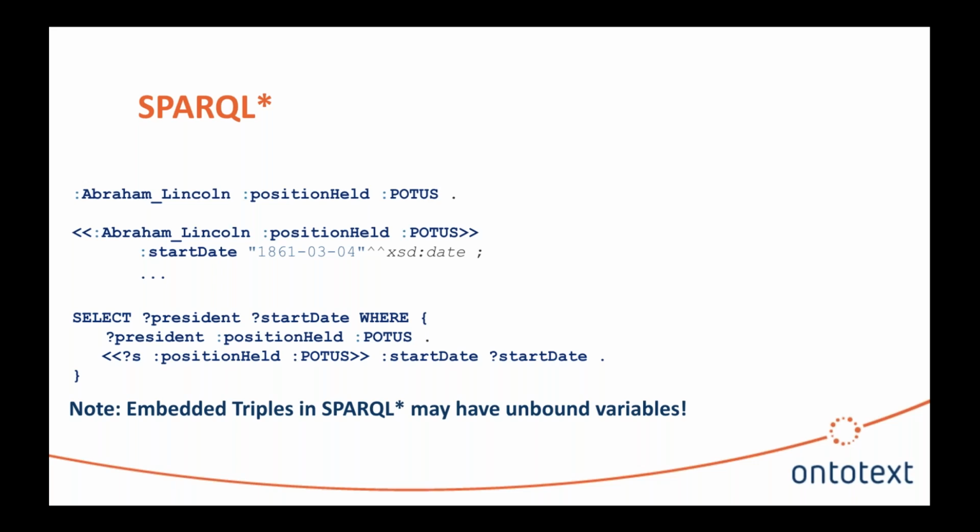So I want to find all references to subjects which are unknown, which have position held, then POTUS, and then you get the start date. In this case, you can really retrieve this as a wildcard. If we have loaded all the US presidents, we are going to retrieve all the presidents and the day they started the presidency. So this is basically what the query returns.